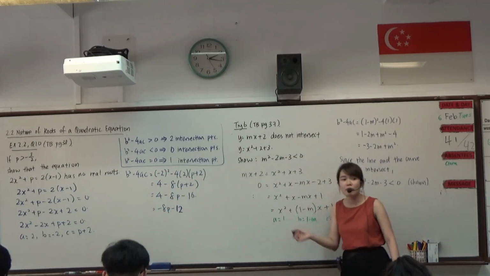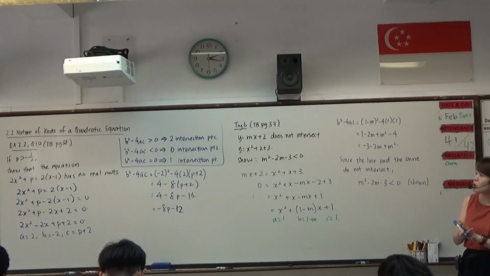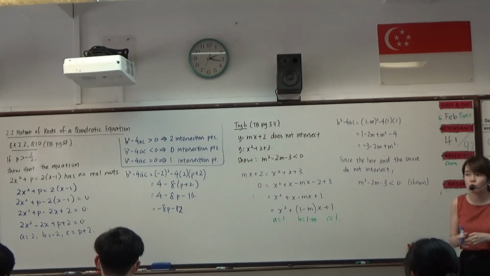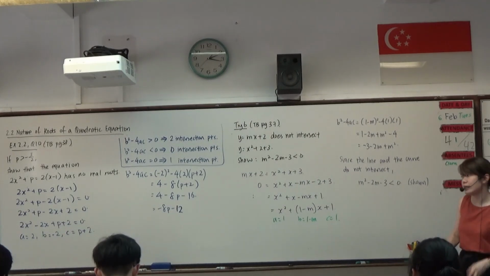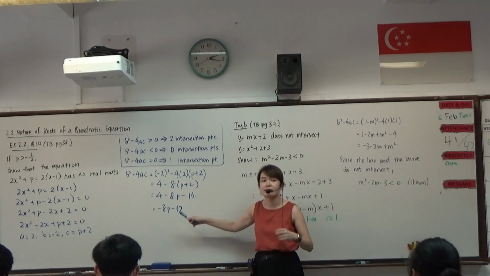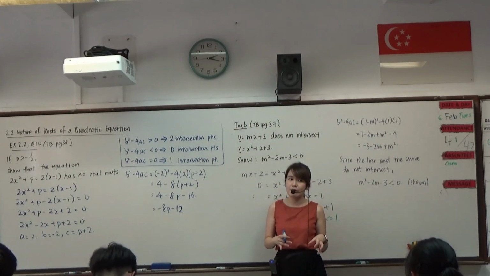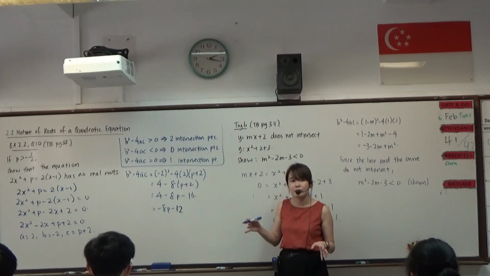Wait, but that's not all, right? Because the question says, show that the equation has no real roots. We want to show. That means that at the end of our answer, we want to say that this is going to be less than 0. We cannot claim that it is going to be less than 0 now. So there's a difference. I want us to be very clear about the difference.